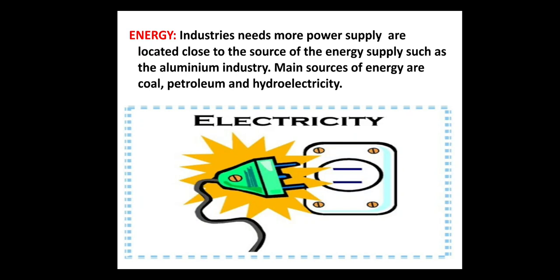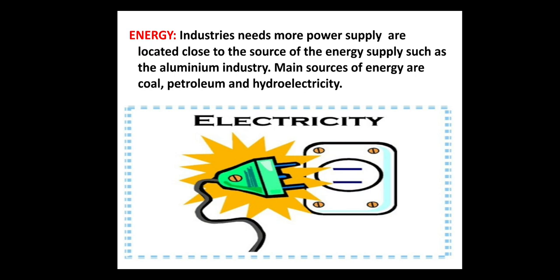In order to convert bauxite to aluminum, they need a huge amount of power. Therefore, one of the main factors that affects the location of such industries, like aluminum, is the source of power.